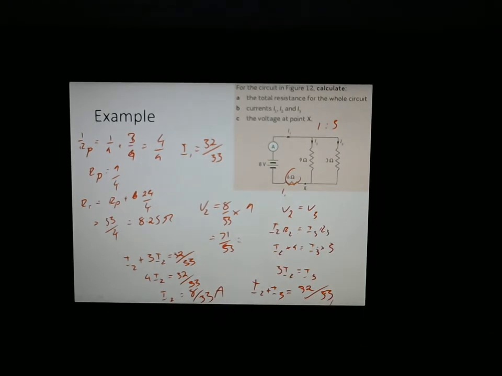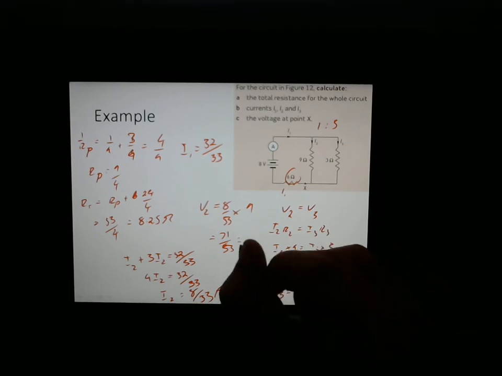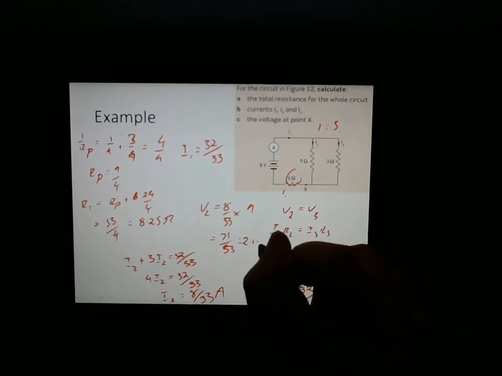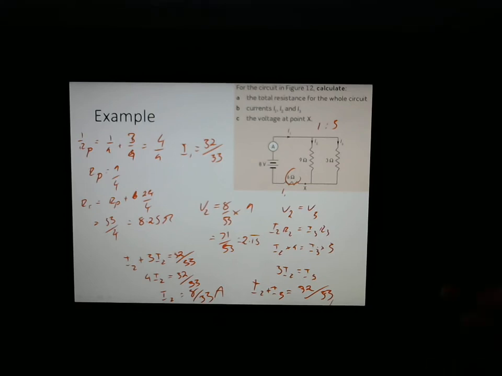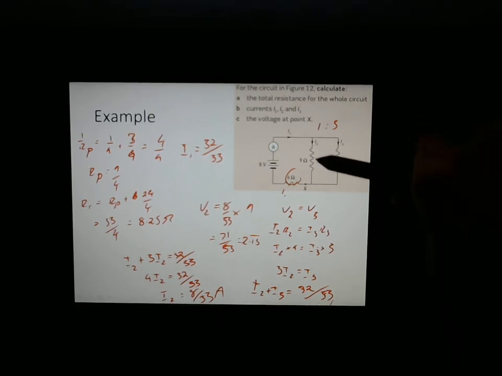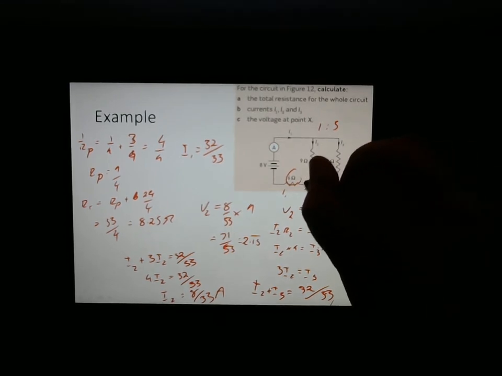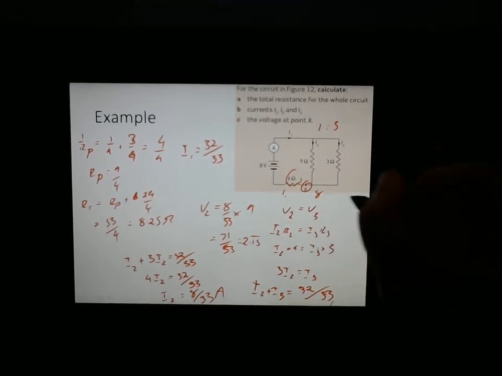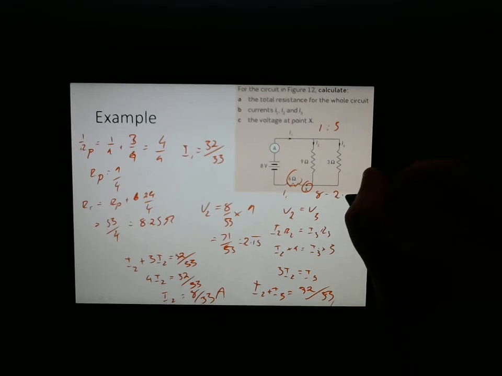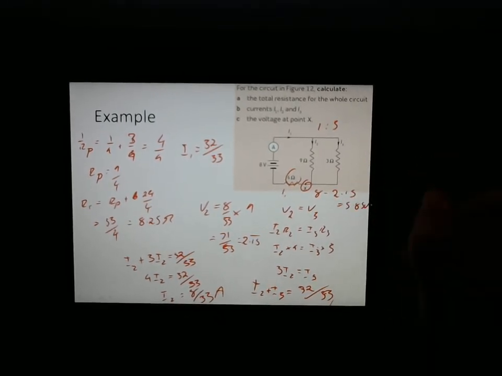And I will convert that to a decimal for a second. 72 divided by 33 gives us 2.18 recurring. The reason I had to do that is this is how much voltage is getting used up by either of these two rungs. So what's left over at X has to be equal to 8 take away 2.18, which would equal 5.82 volts.